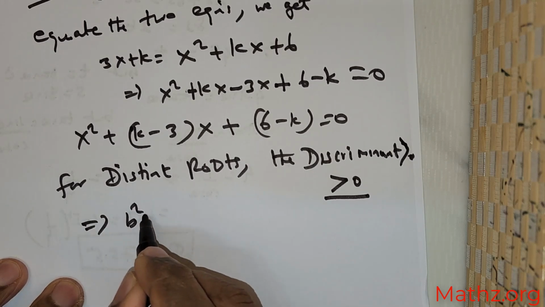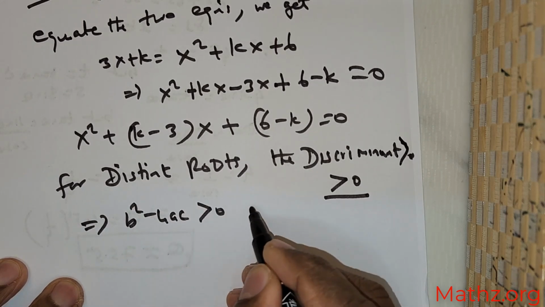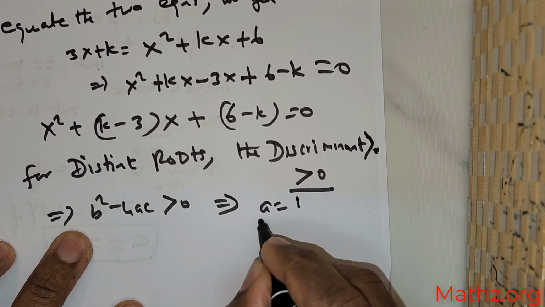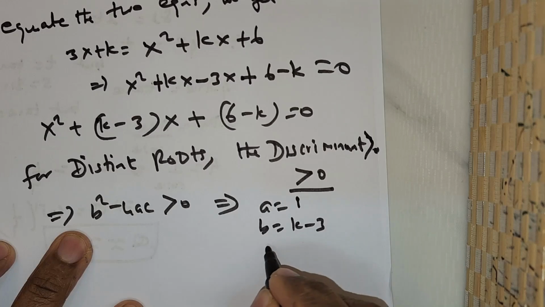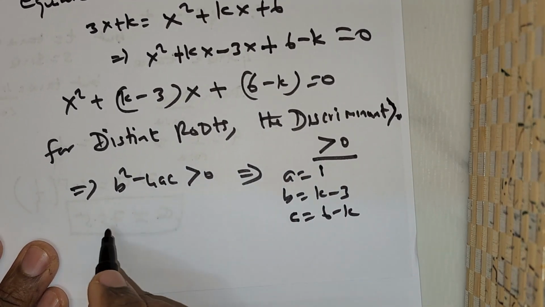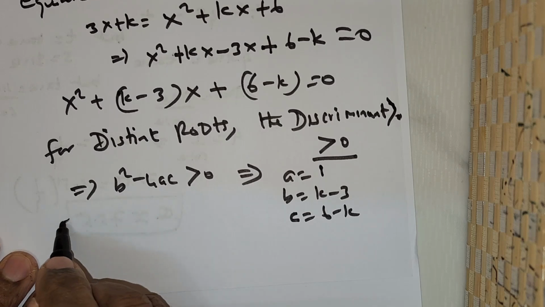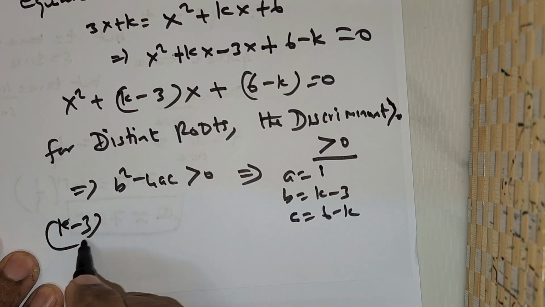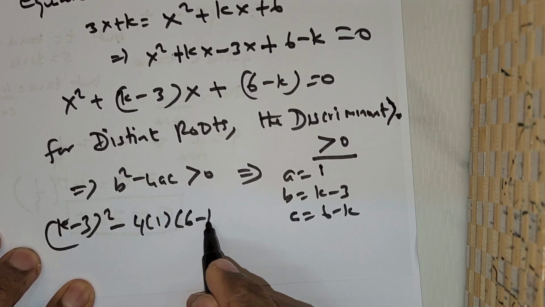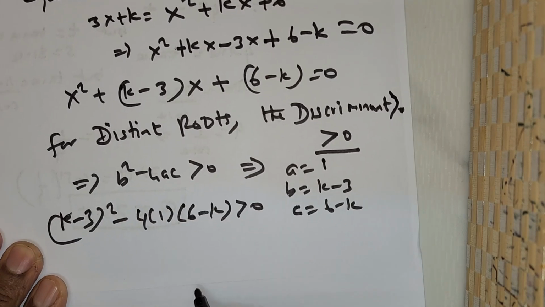So this means b² - 4ac > 0. This means a = 1, b = k - 3, and c = 6 - k. Utilizing all this, this is going to be (k - 3)² - 4 times a, which is 1, times c, which is 6 - k, greater than 0.